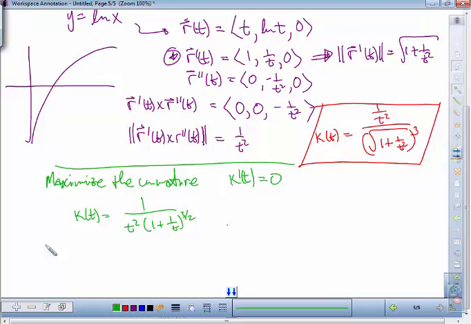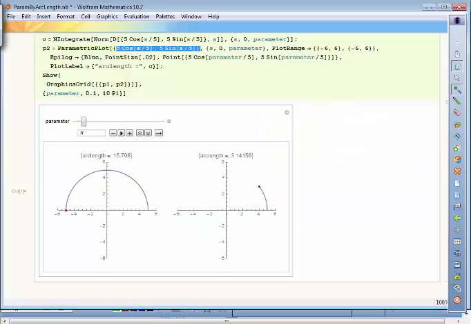Why don't I just have my computer do this? I want to put everything into one parentheses. How do I do that? Can I do that? No? All right, fine. All right, I have Mathematica open, might as well use that.